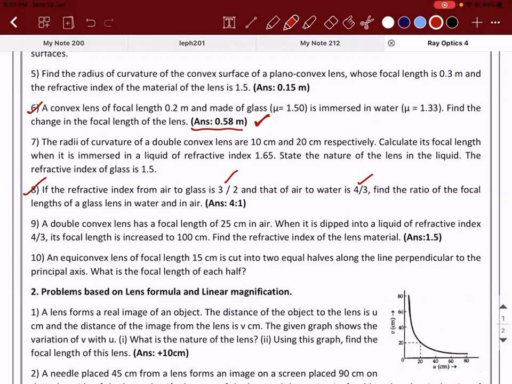So refractive index of glass is 3 by 2, refractive index of water is 4 by 3.